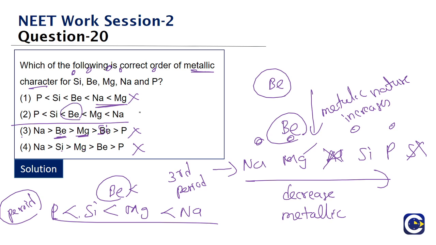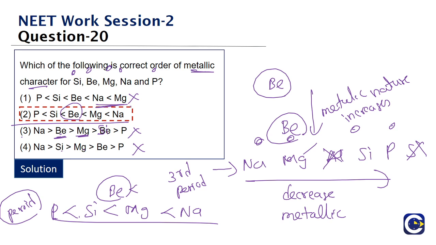Now again I am reiterating here, if you are thinking, how are we able to say that beryllium is having more metallic nature than silicon? We will not be able to directly tell that beryllium will have more metallic nature than silicon like that, okay. We will only be able to tell if you know the thorough properties and all that.